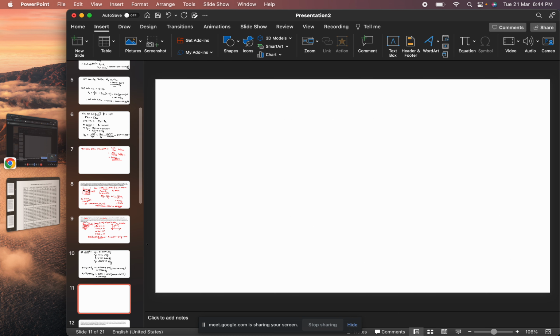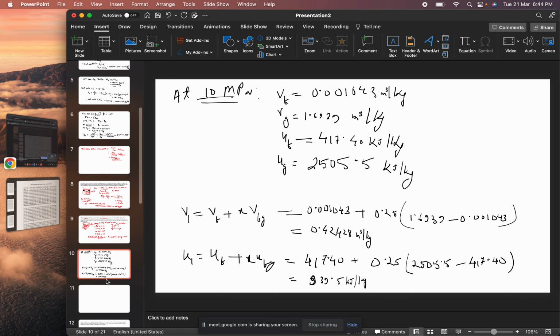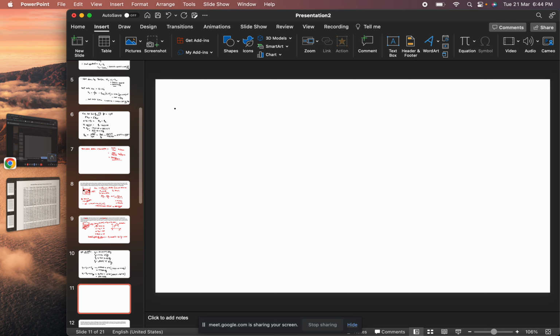Now we know that the volume of this one is not going to change. Why is the volume not going to change? Because it's the container and we are not changing it. So the volume will remain the same. So v2 will be equal to v1, and that is nothing but 0.42428 meter cube per kg.